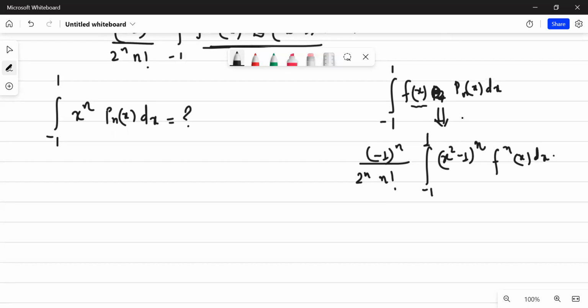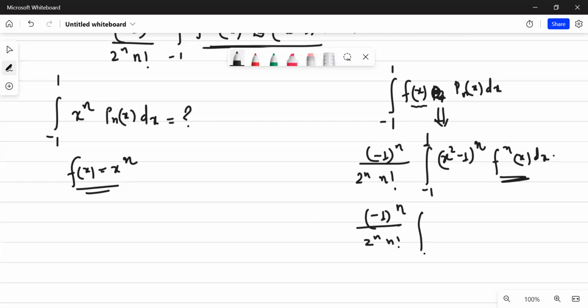So it is equivalent to writing this. And now f(x) has been replaced by x^n. So if f(x) is x^n and you replace it here, what you'll get is simply (-1)^n upon 2^n n factorial. And if I replace f(x) equal to x^n, I'll simply get the integration from -1 to +1. If I differentiate x^n n times, I will simply get n factorial, and then I will get (x² - 1)^n dx.